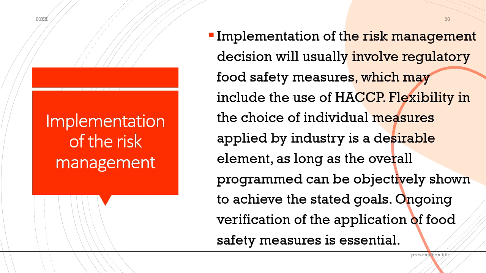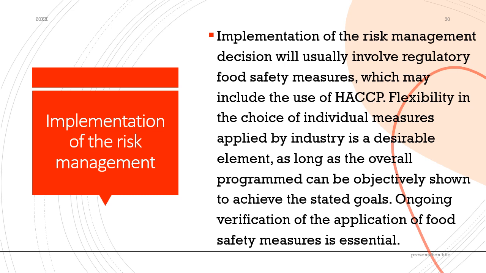And finally, there is the implementation of the risk management decision. It will usually involve regular food safety measures, which may include the HACCP process. HACCP uses critical control points. They try to see more critical points and flexibility in the choice.